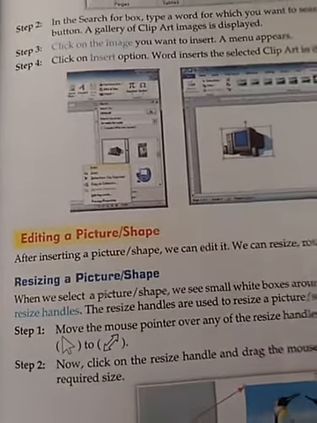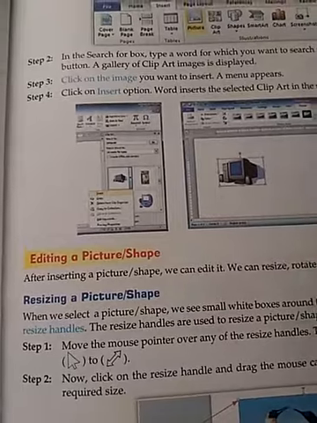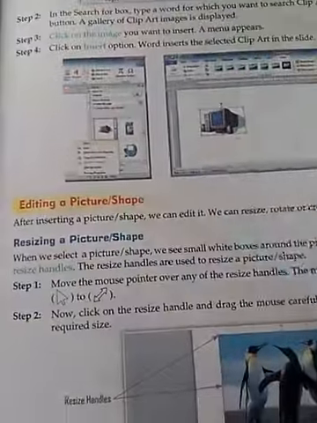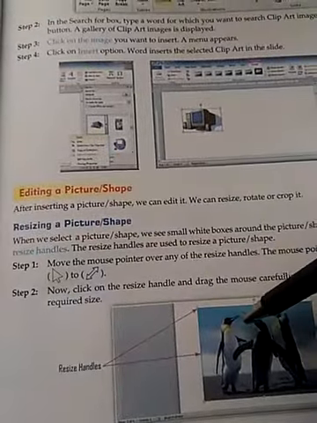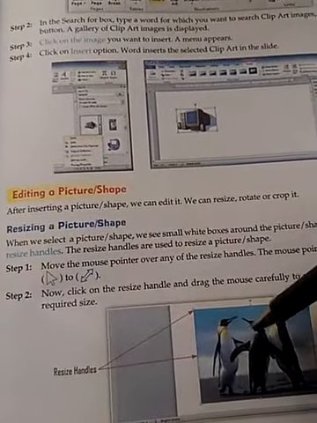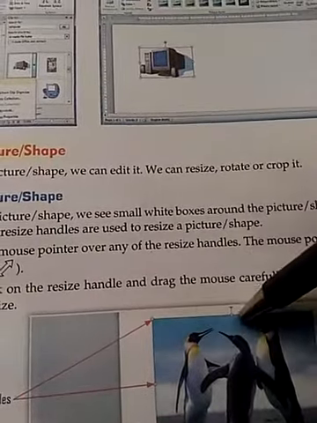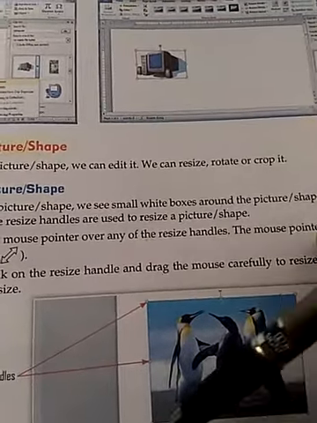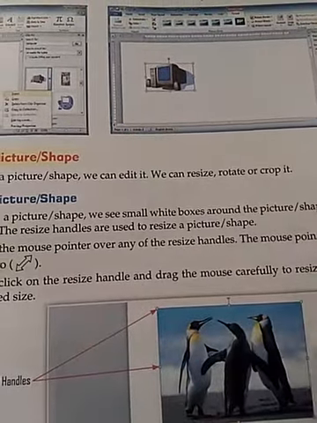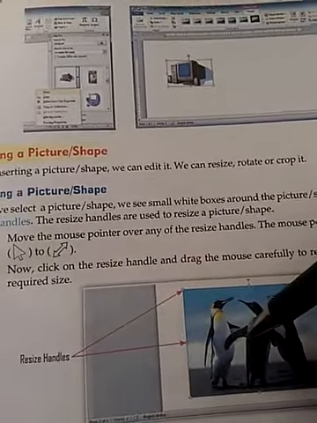Likewise, if you want to edit a picture or shape, it can be done. How? First you simply click on the image. On clicking the image you will find some points like this. These are points present at the boundary of the image or the shape.